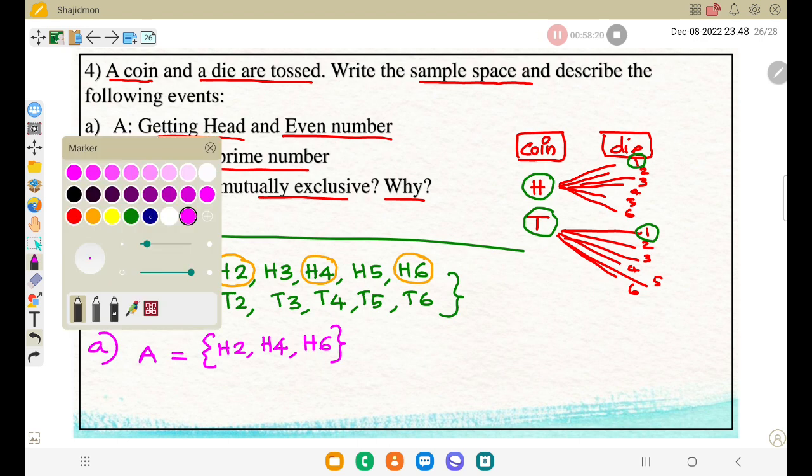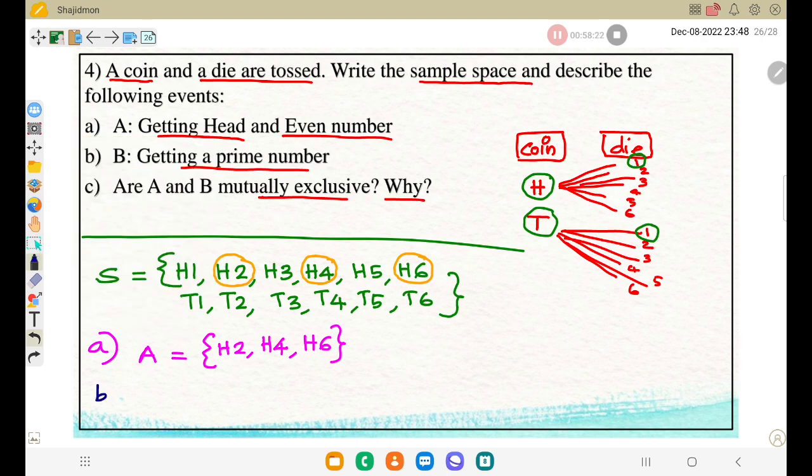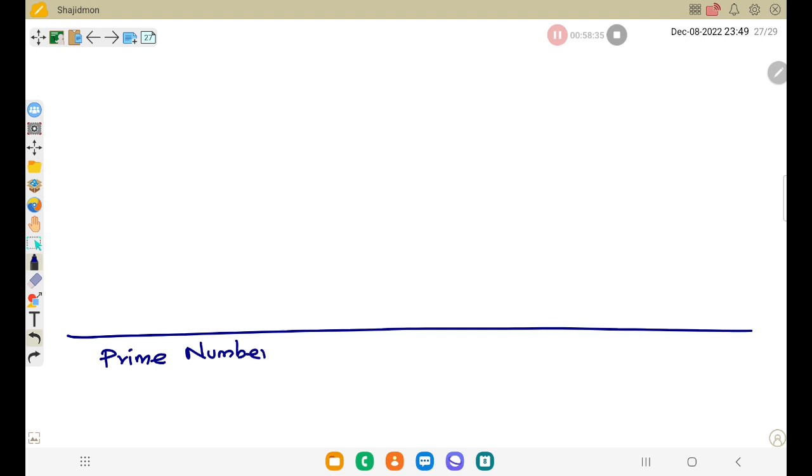Now we will go to the B part of the question. What is the B part? Getting a prime number. You know what is a prime number, correct? What are the prime numbers? Prime numbers start from number 2, then 3, 5, 7, 11, 13, 17, and it continues like that.